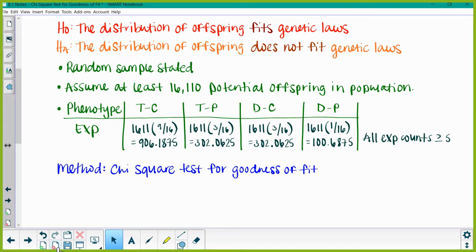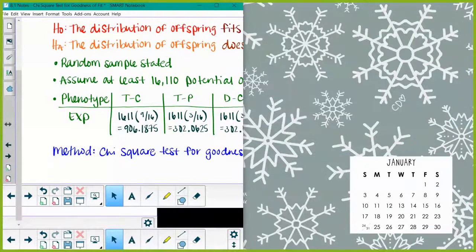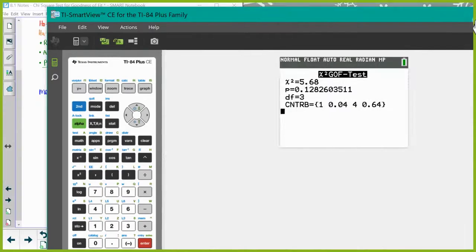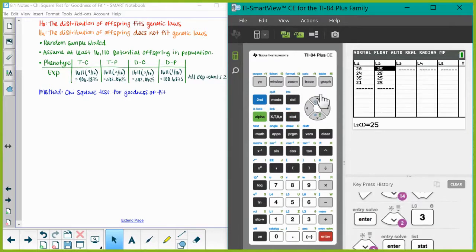So I'm going to open up my calculator one more time. Let's see if I can split screen this so that you guys can see both at the same time. There we go. Okay, so I'm going to start entering my data into my calculator.